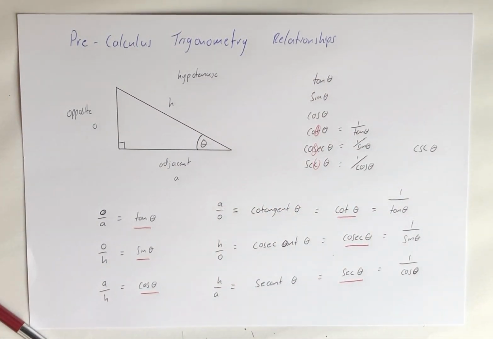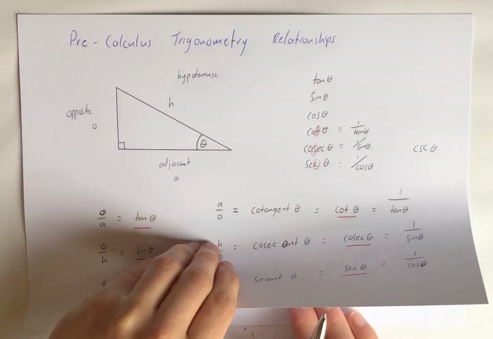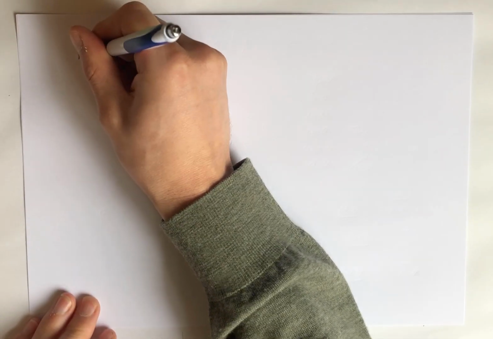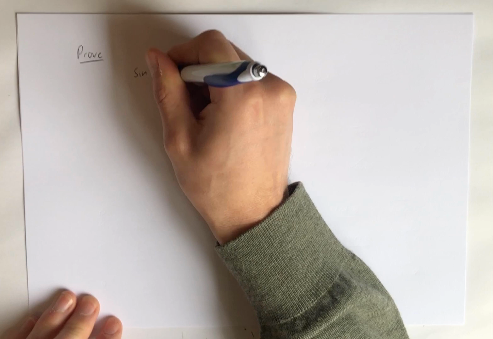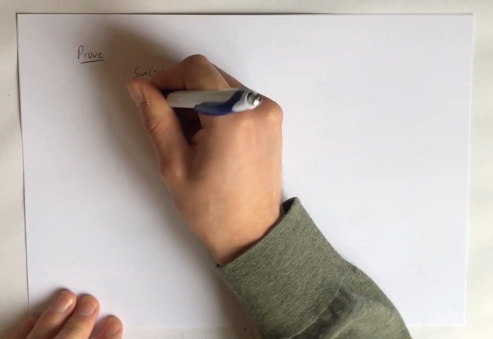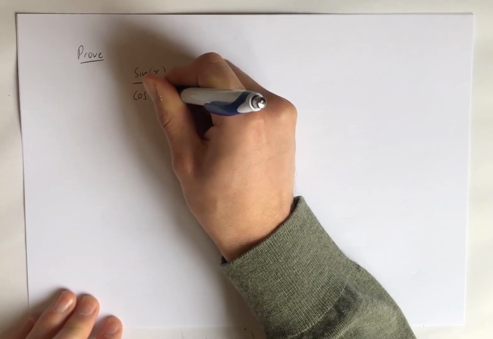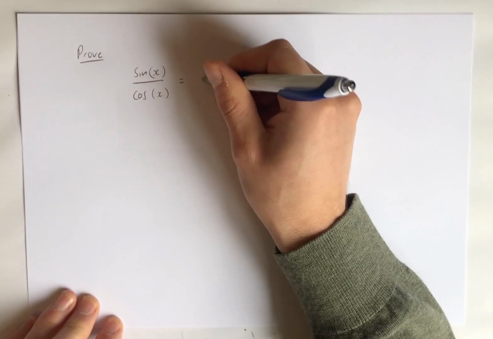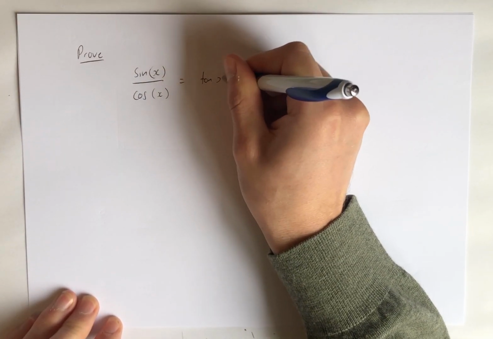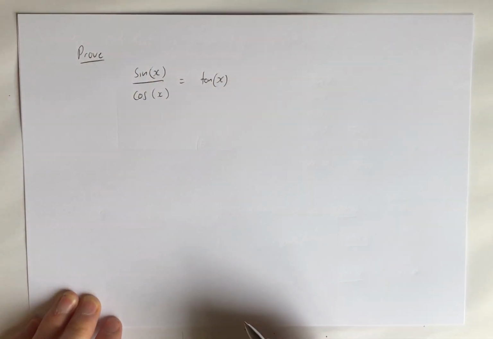So with that, we can actually do some proofs. I'm going to prove that if I take sine of any angle and divide it by cosine of the same angle, that gives me tan of that angle. So let's have a look at that.